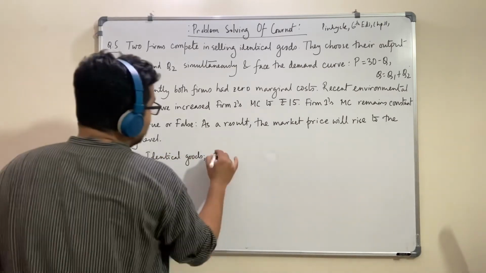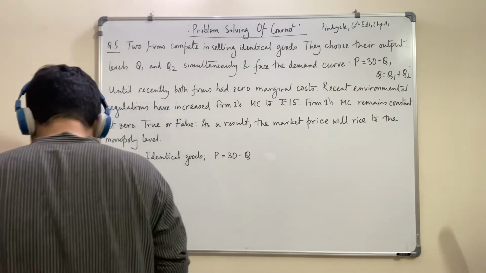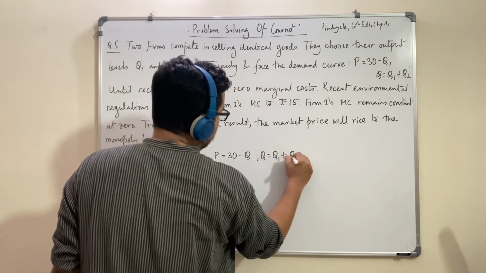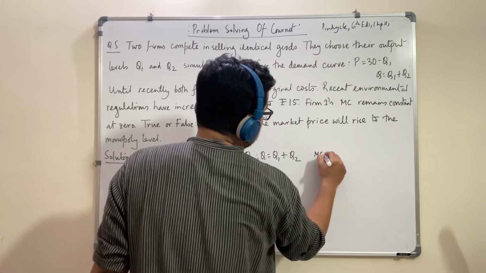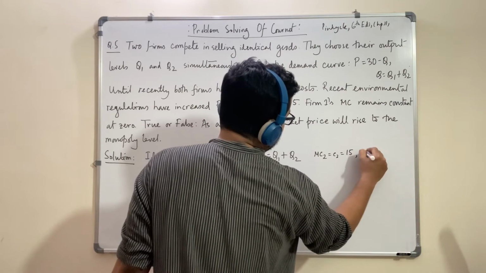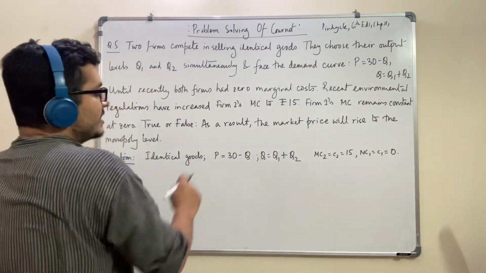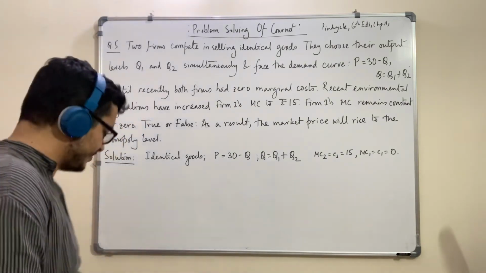Along with that, our inverse demand curve P equal to 30 minus Q, with Q equal to Q1 plus Q2. MC2 or small c2 is 15 and MC1 small c1 is 0. So we are starting the problem after the regulation has been in effect.